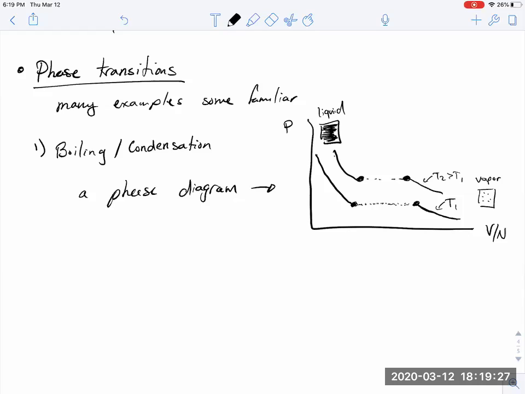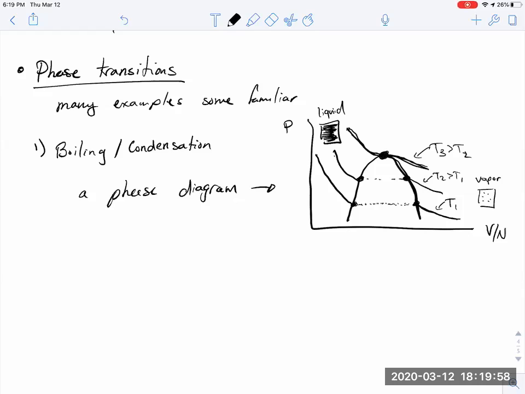Now, there is a temperature at which I do this experiment, and I no longer see an abrupt change. I might have an inflection, but the vapor doesn't abruptly transition to a liquid. If I marked out the locus of these points, I'd get a little curve.